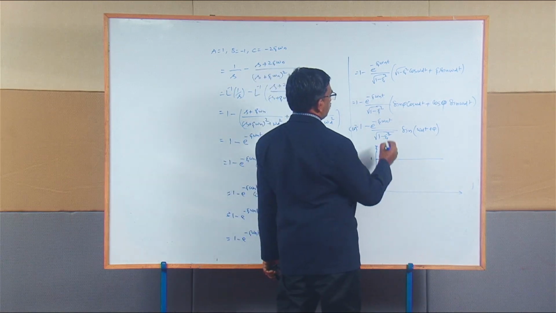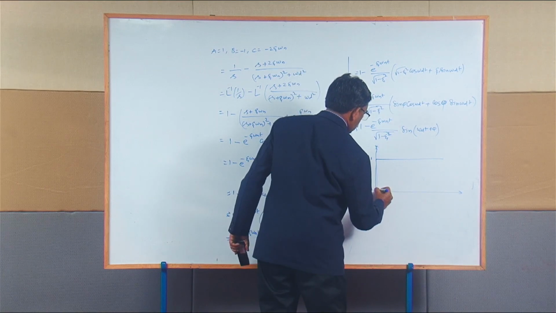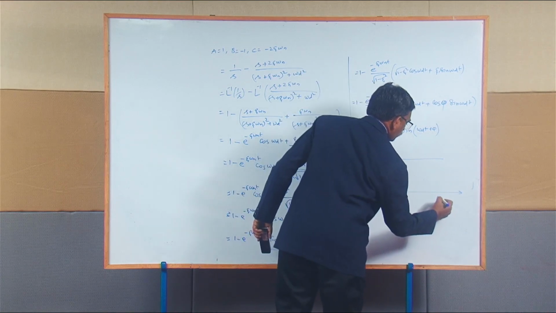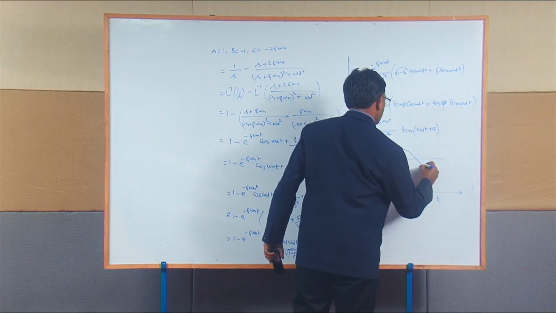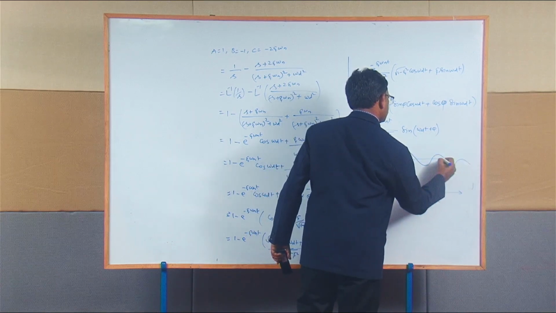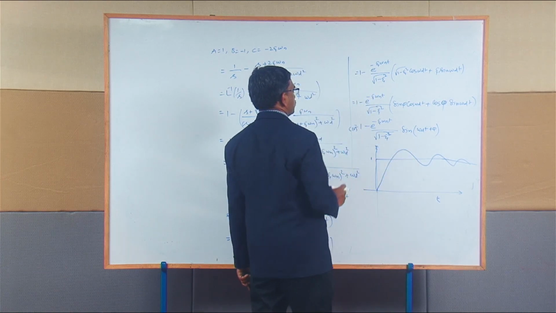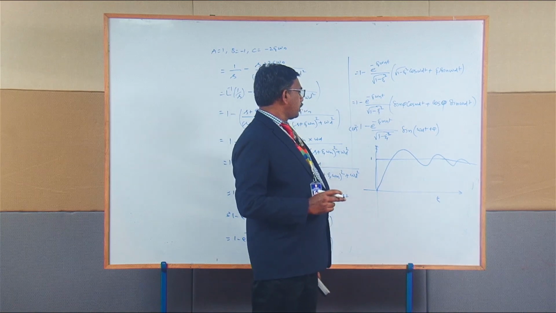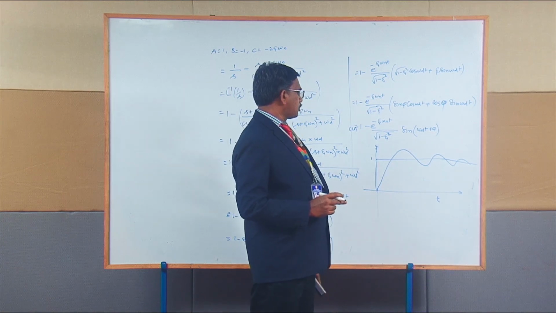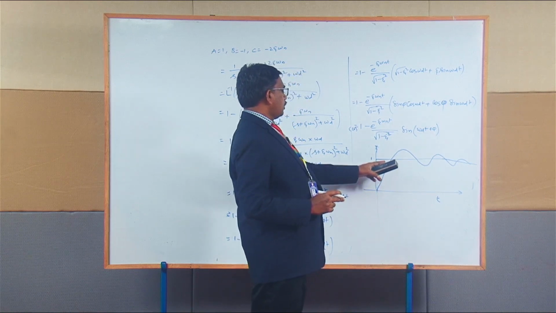For various values of epsilon and omega n, the response of the second order underdamped system will look like this. So, from the expression c of t is equal to 1 minus e power minus epsilon omega n t divided by square root of 1 minus epsilon square sin of omega dt plus phi, we can draw this diagram.